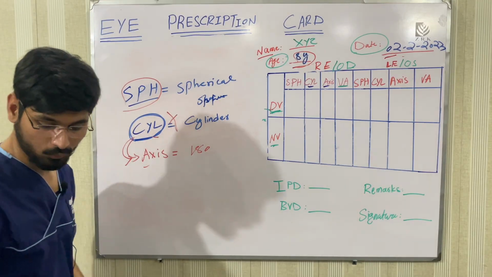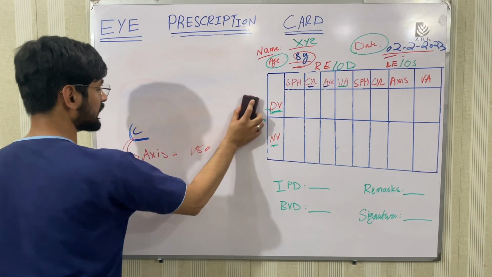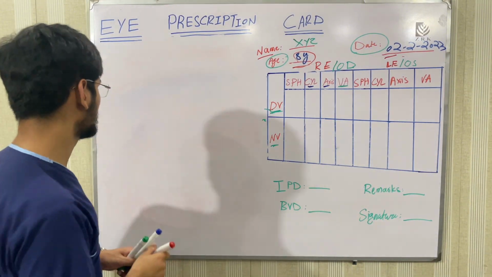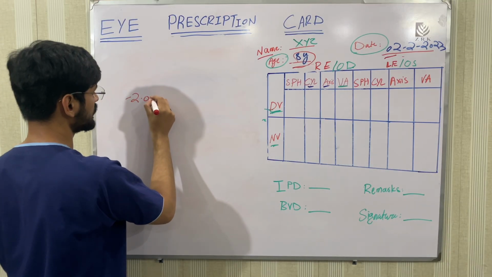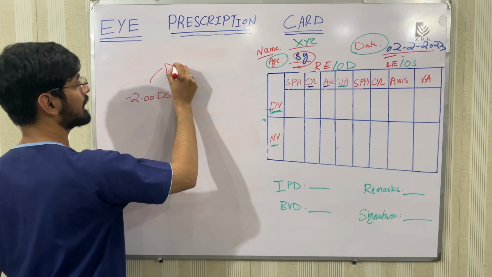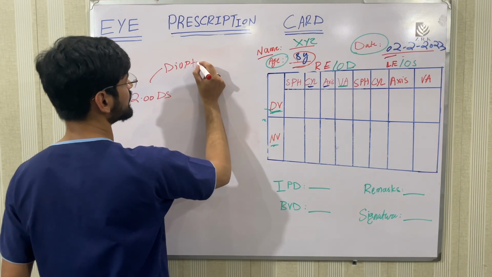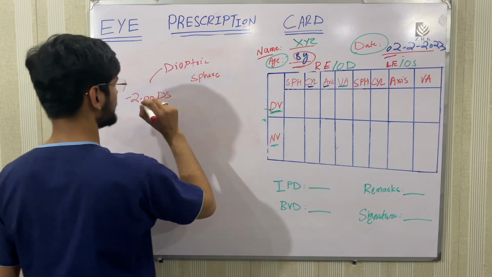So how can we write a number here? Now come to this point. For example, if a patient has -2 dioptric sphere, DS means dioptric sphere, okay?